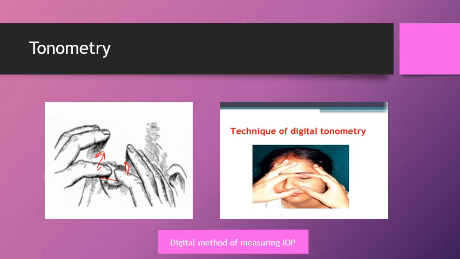If this fluctuation is absent or very light, then we call it raised IOP, or the eyeball is very hard and firm. If the fluctuation feels like a partially filled water bag, then we say that IOP is low, or the eye is hypotonous.